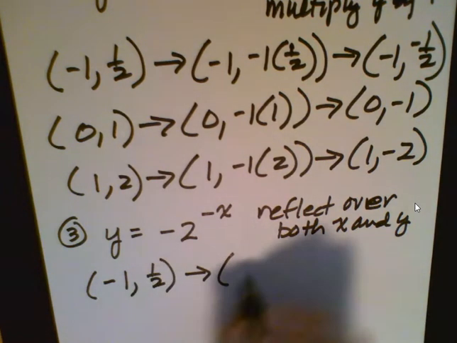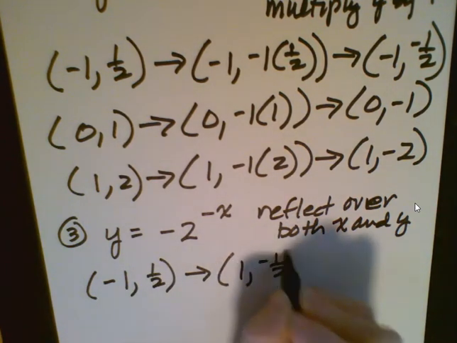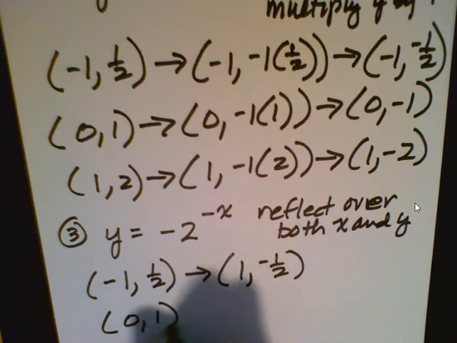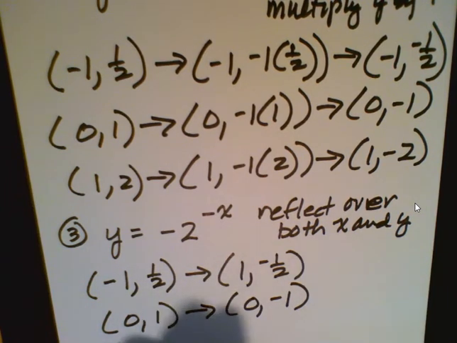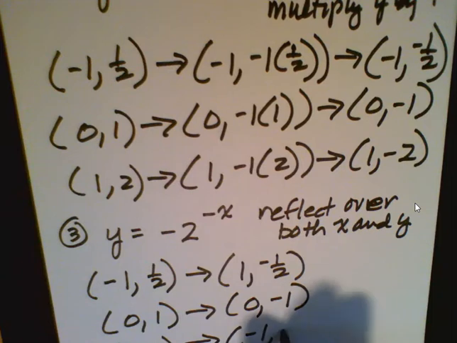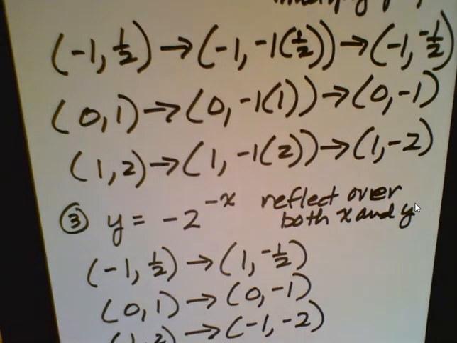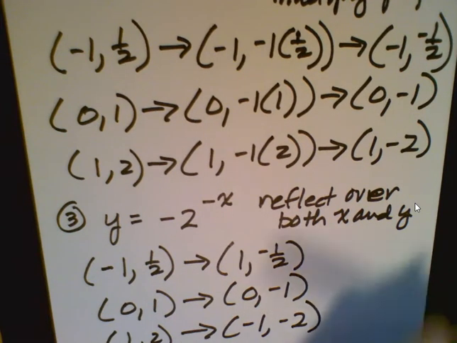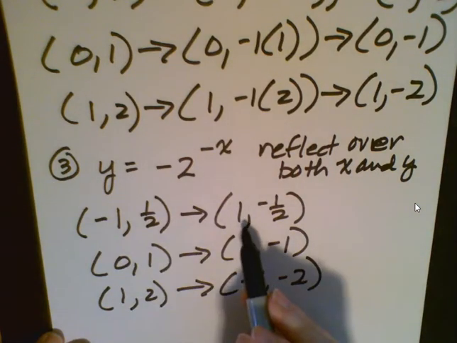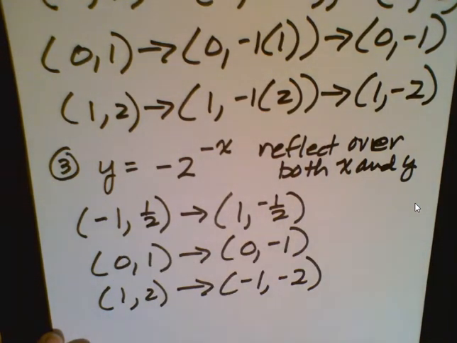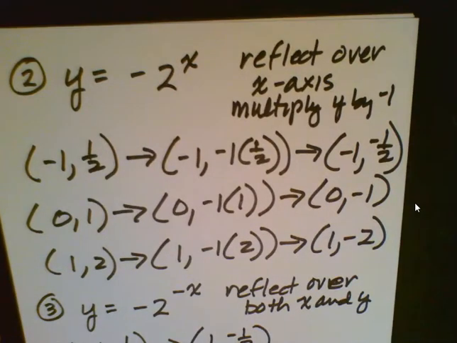I just say change the signs. Of course, 0 doesn't get a sign. Okay, that would reflect over both. Just change the signs. Multiply x by negative 1 and y by negative 1. All right, those are some reflections.